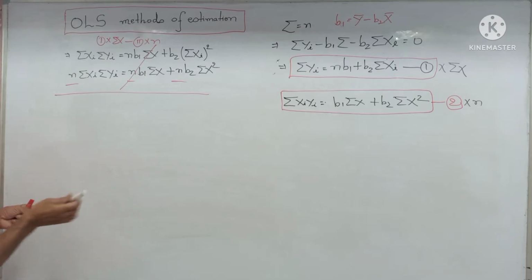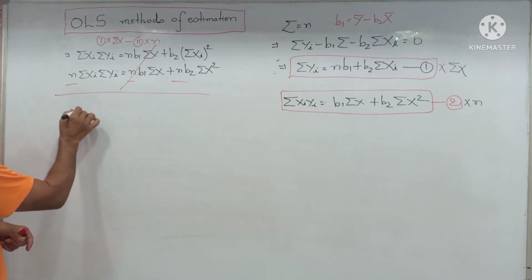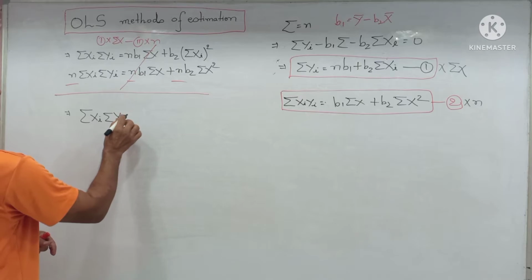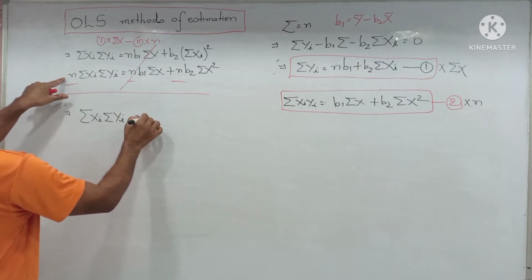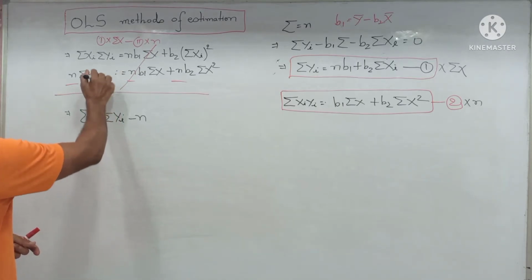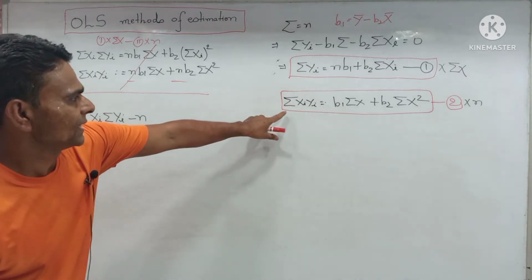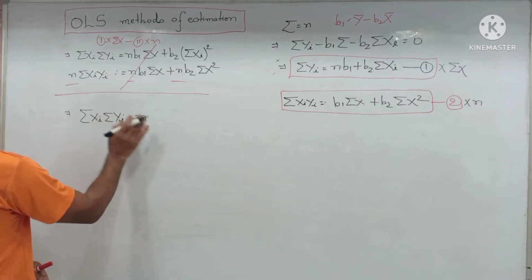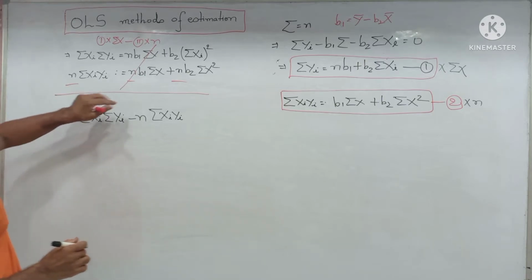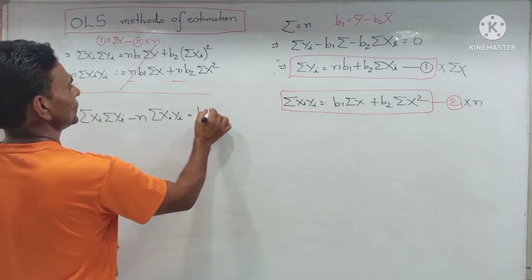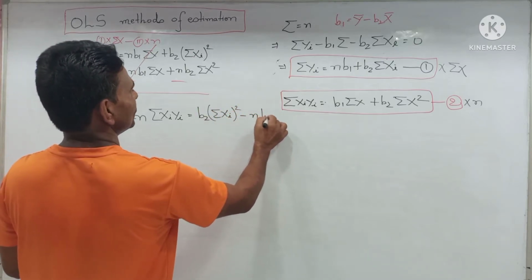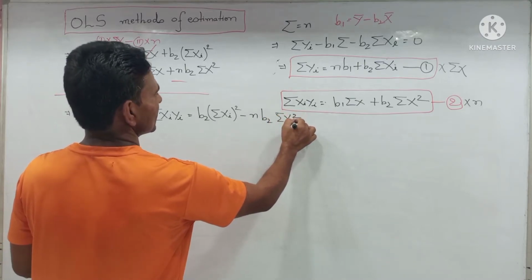Here we get summation of xi times summation of yi minus n summation of xi yi equals b2 summation of xi whole square minus n b2 summation of x square.